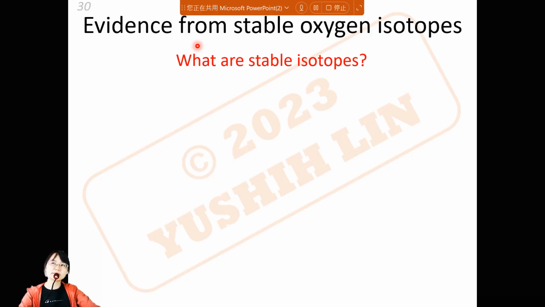We talk about this because in this department, we use stable isotopes a lot. So what are stable isotopes? By definition, from our lecture about the chart of nuclides, we know that stable isotopes do not undergo radioactive decay.